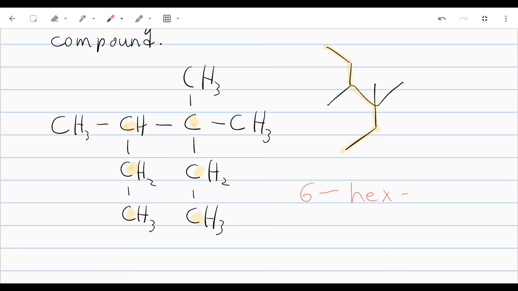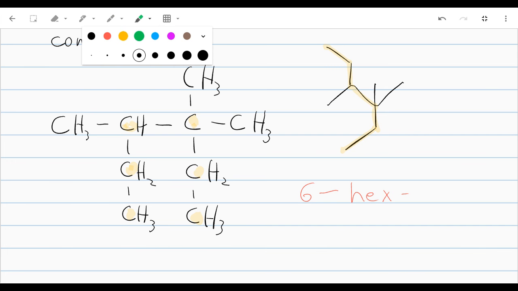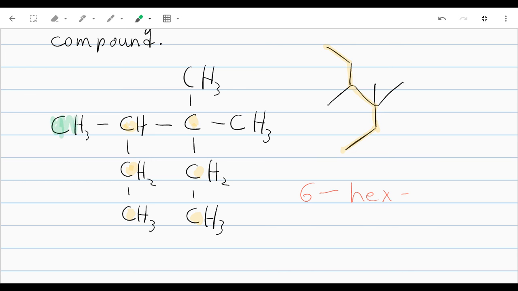Then we also have to look at the branches. Now we can see that we have 3 branches here. One here, one here, and one here. Same thing on the line diagram. Just looks slightly different, but it's in the same locations.